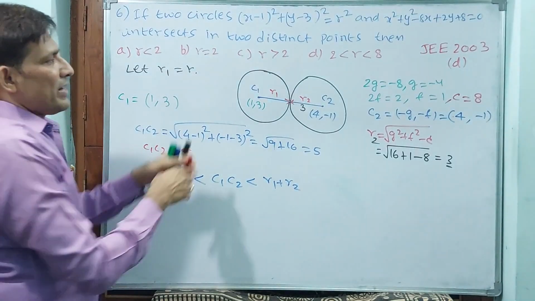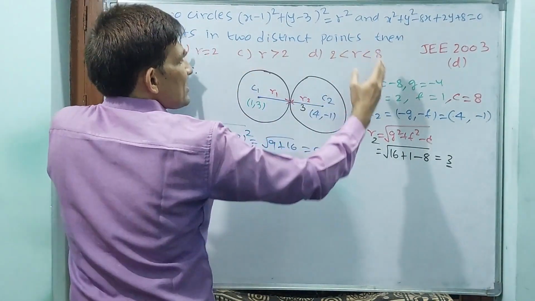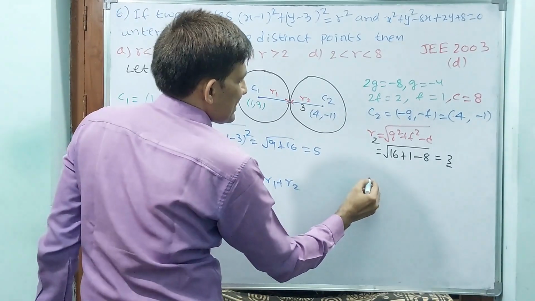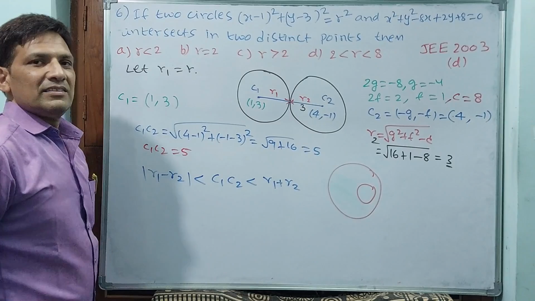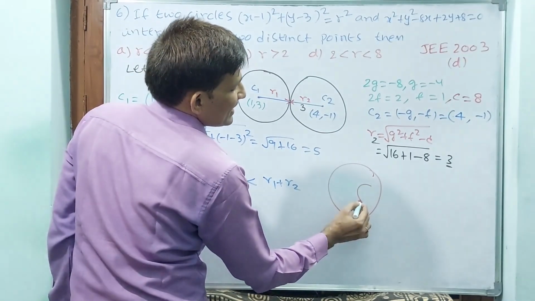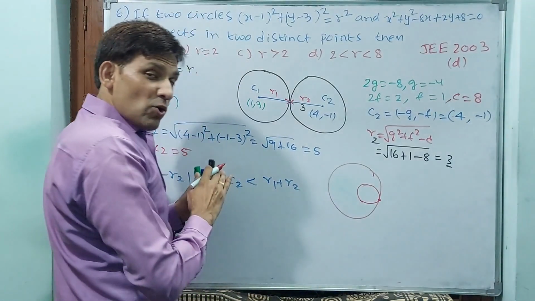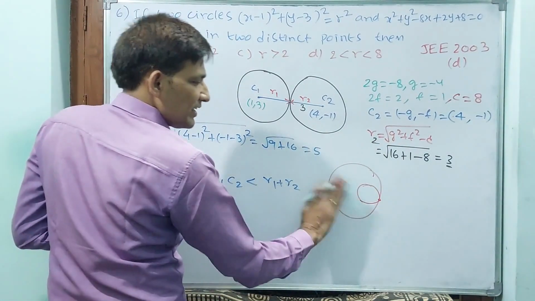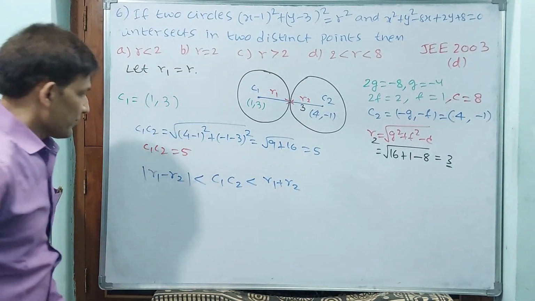Or else, if the size keeps increasing, it becomes like this and then it never touches. Otherwise, at least it will touch at one point. If it goes beyond, then it never touches. That is why this control should be there.